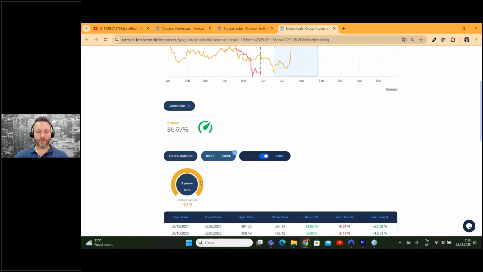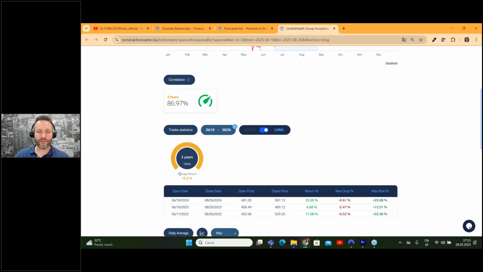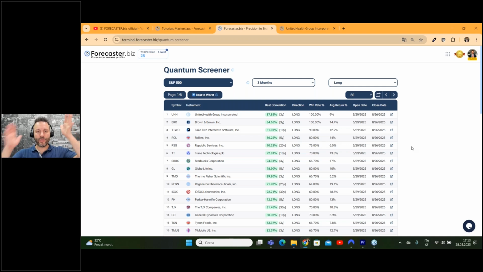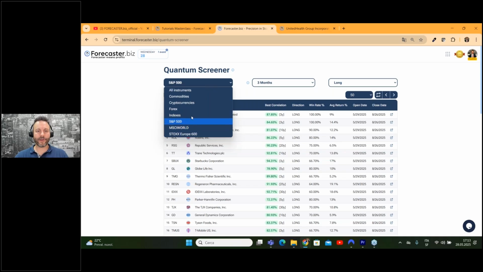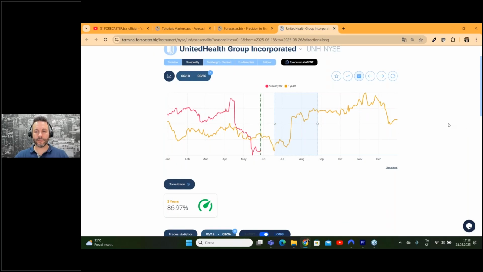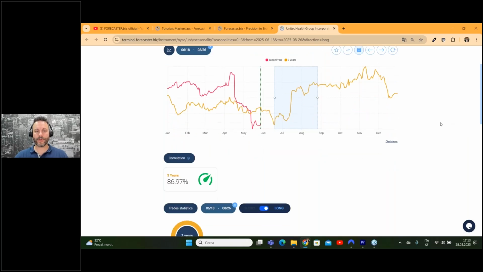Look, we have a better result because we have 100% of return, but the average return increased. It's now 15% compared to 9, okay? So thanks to this tool, you can have many trading ideas on different asset classes, and you can then select the best for you, okay?